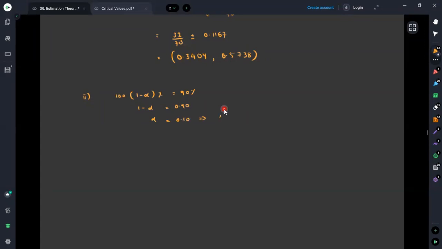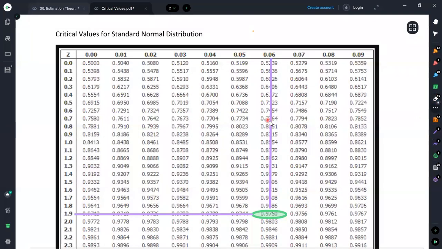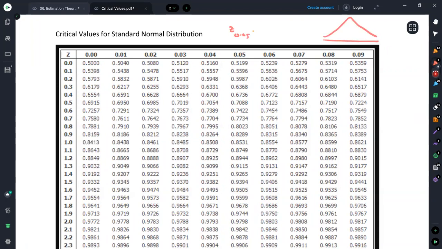This leads to the value of alpha over 2 equal to 0.05. Then we need to take the value of z 0.05. Since we have 0.05, we get this area as 0.05, and the uncolored area would be 0.9500.